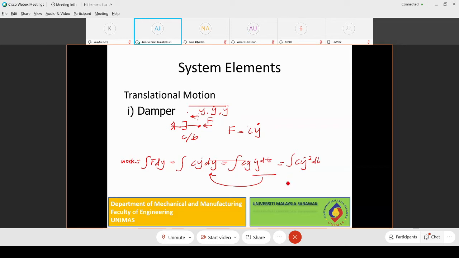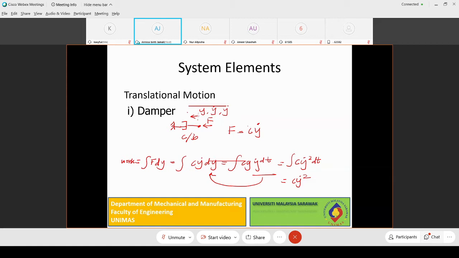what do we get here? We get C y dot squared, correct?